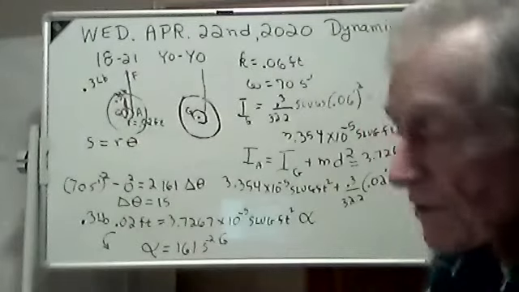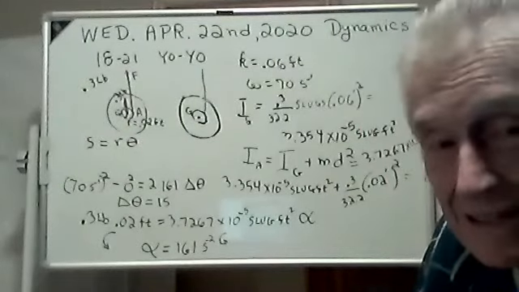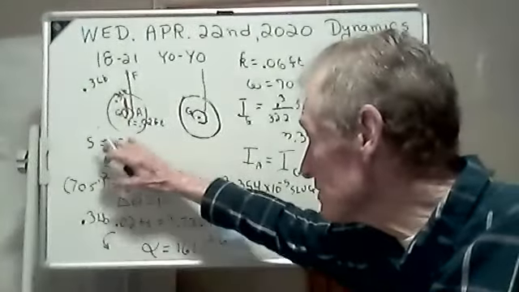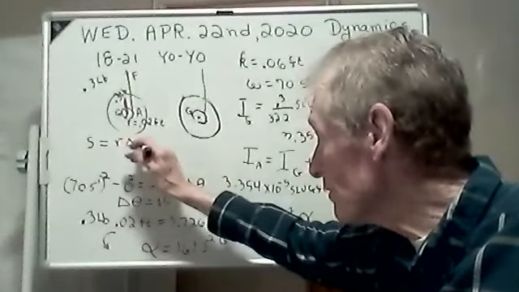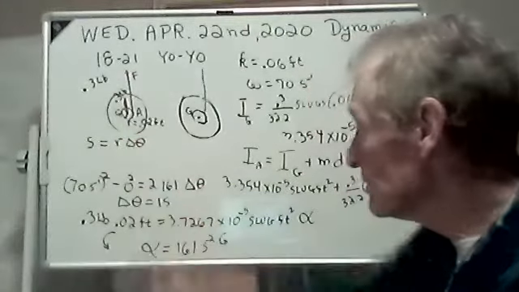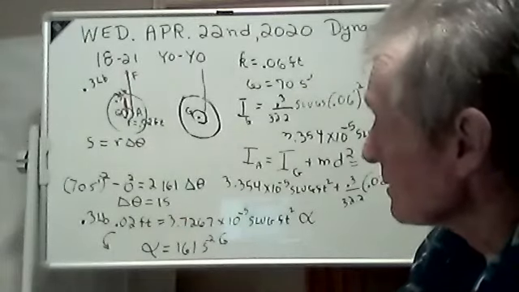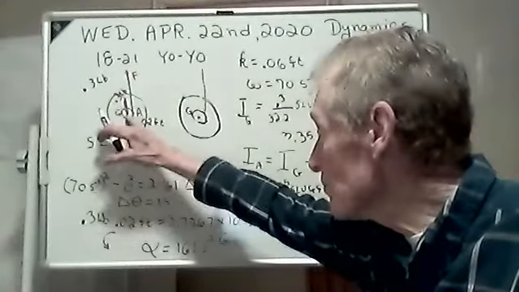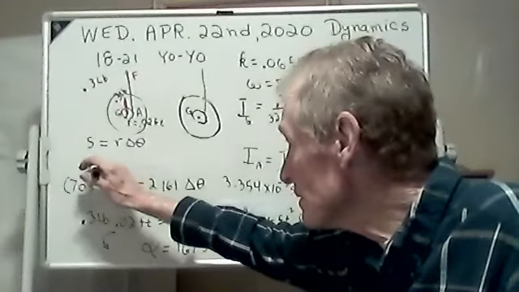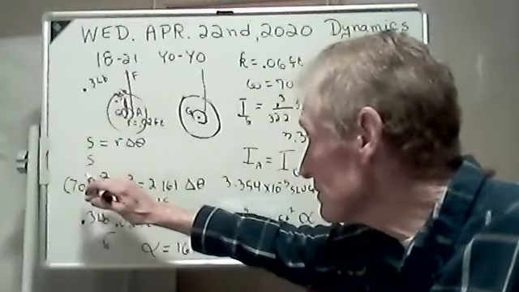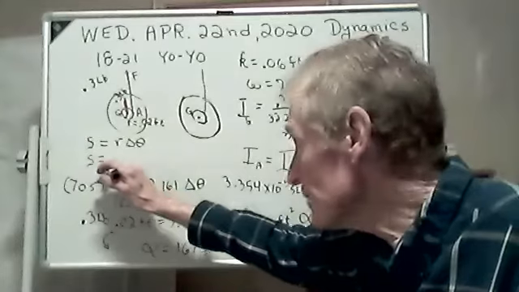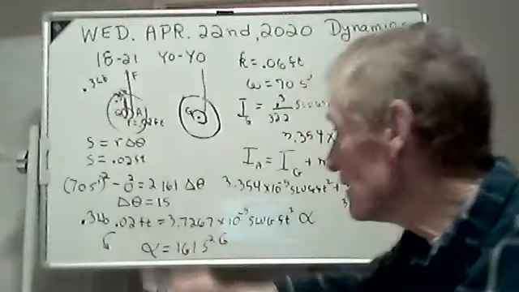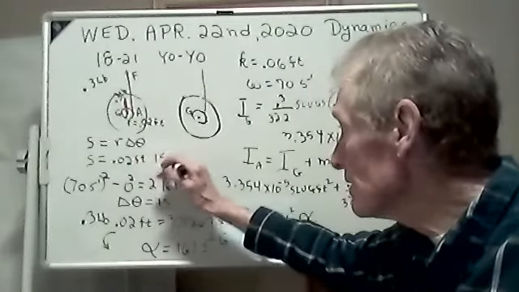It's called the arc length formula. In this case, the theta is the delta theta. We're talking about how far it turns. And we think it goes 15 radians. And so we know what r is. That's the 0.02. So the distance traveled should be 0.02 feet times 15 radians.